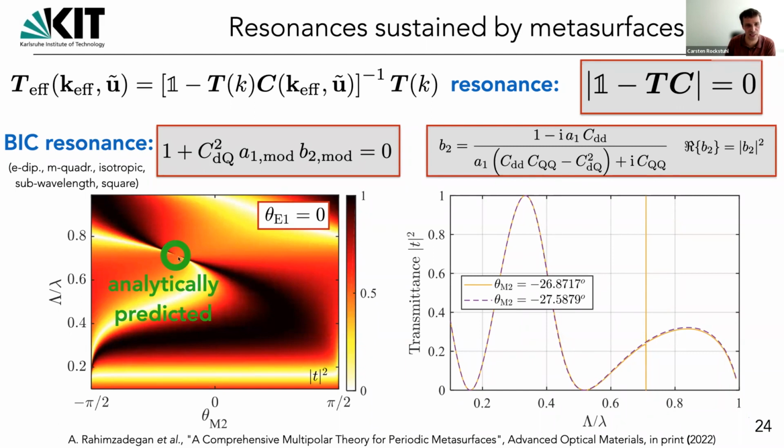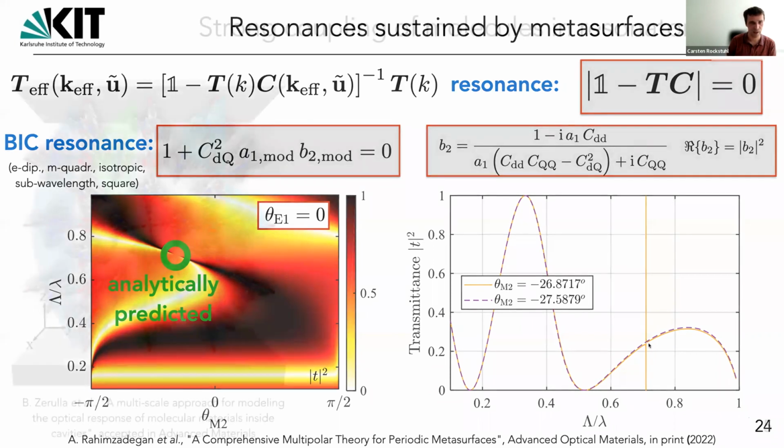And then you see exactly in this transmission plot this bound state in the continuum emerging, which you can also see a little bit more in detail in this figure here. If you just slightly detune the Mie angle that quantifies the magnetic quadrupolar excitation, you are going to see the sort of super sharp resonance that can be exploited for different purposes.